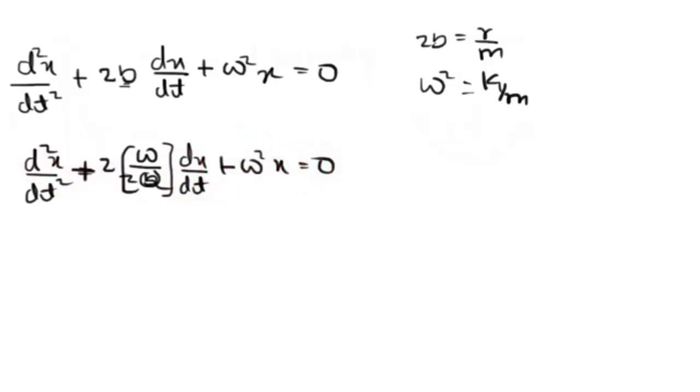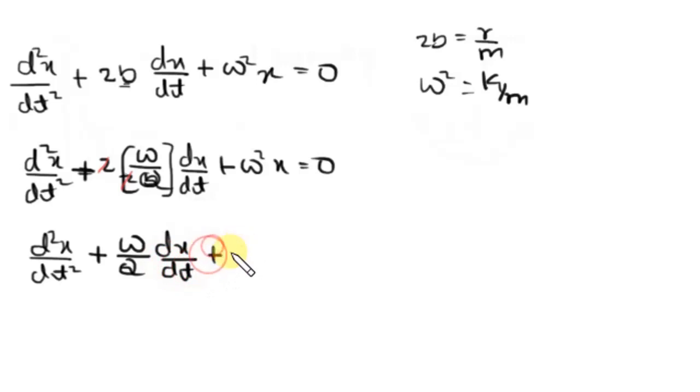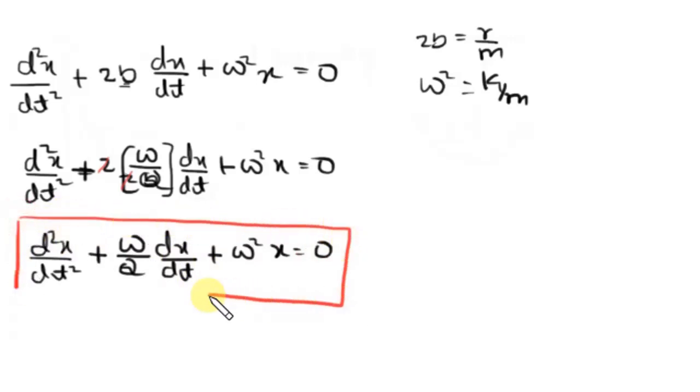Just cancel out, the 2 gets cancelled, and we can write d square x by dt square plus omega by q dx by dt plus omega square into x equals 0. Let's keep this equation in the box. This is an important equation.